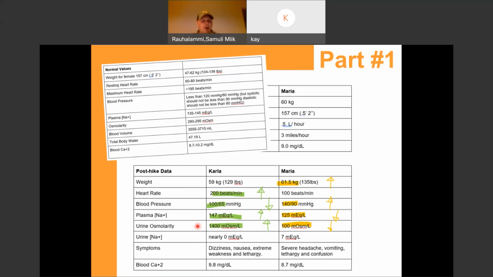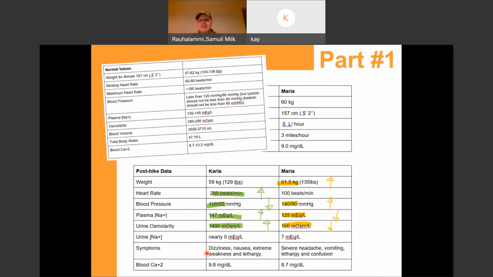I think there are some other ones that students found for me that I just didn't pay attention to, but you could see other things. You shouldn't be dizzy, nauseated, extremely weak, or lethargic. That would be weird. Something's not right if someone has those symptoms. So those all would be things that we want to highlight for Carla.